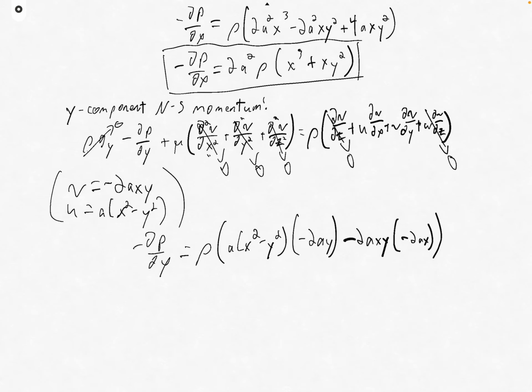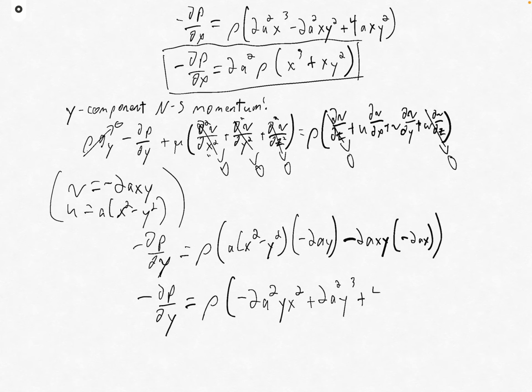Okay, so again, we can simplify those in correct terms. So minus dp dy is equal to rho times, let's see, so we're going to have minus 2a squared yx squared plus 2a squared y cubed plus 4a squared x squared y.